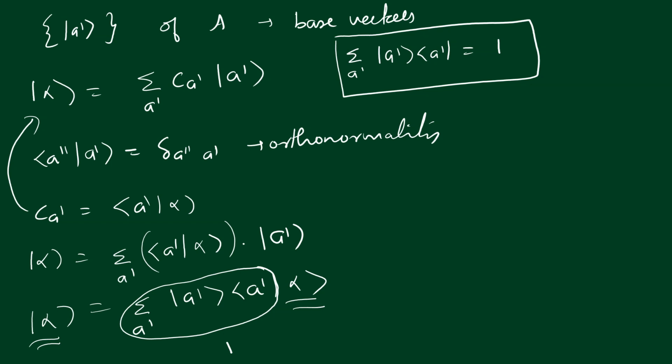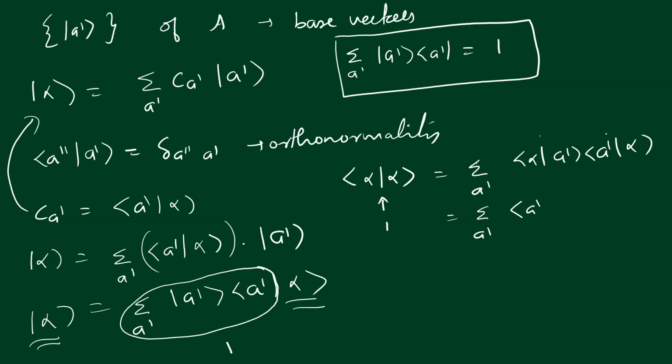Using this property, we looked at this inner product, bracket alpha with itself, bracket alpha alpha. And then we inserted an identity operator in between, and we found that this can be written as sum over a prime bra alpha ket a prime bra a prime ket alpha. Now what we have here is the complex conjugate of this, so I can write this as bra a prime ket alpha star times bra a prime ket alpha.